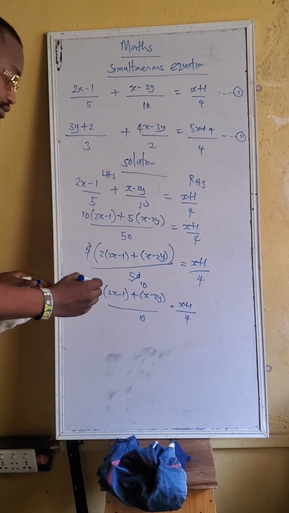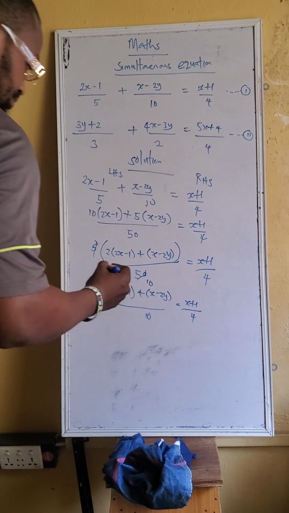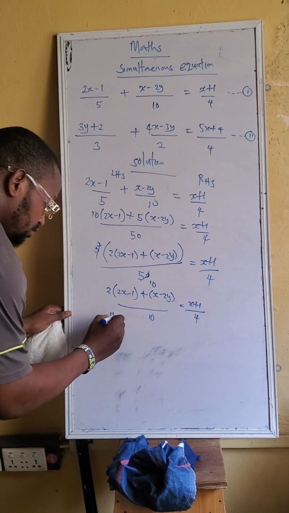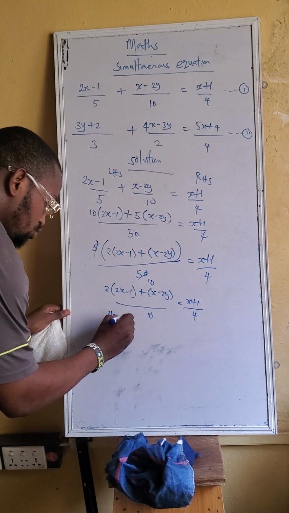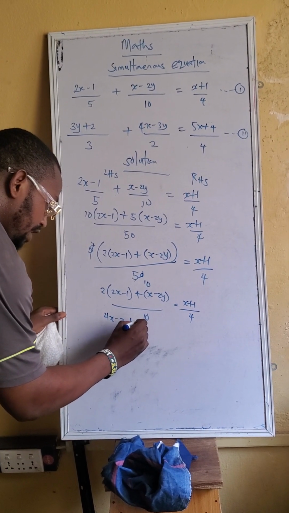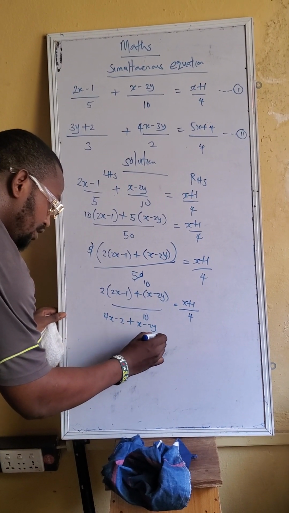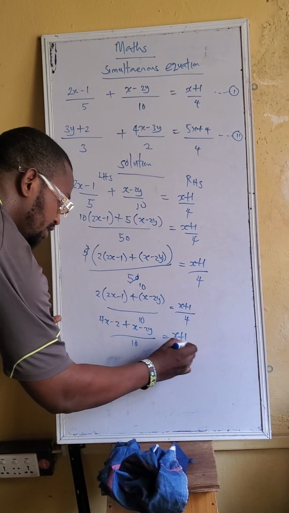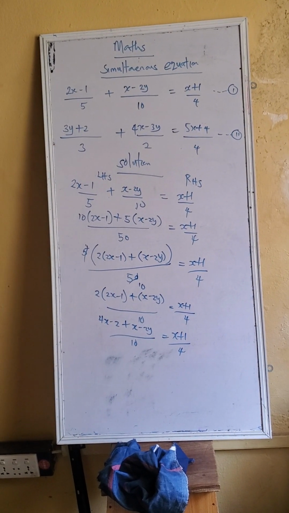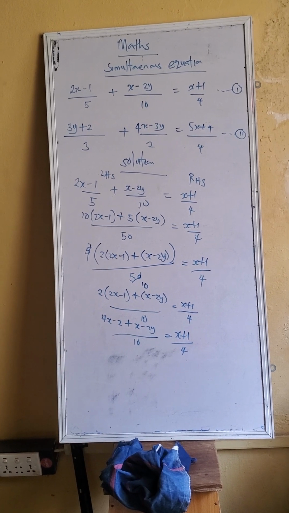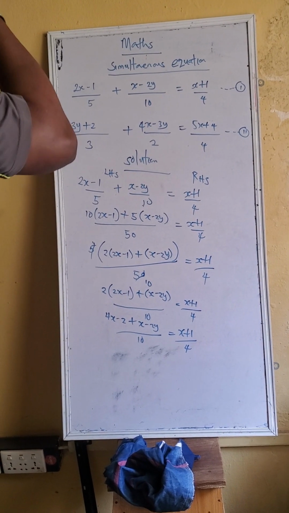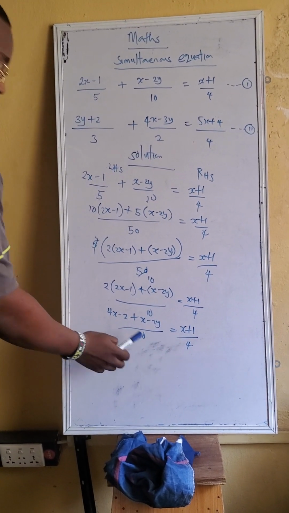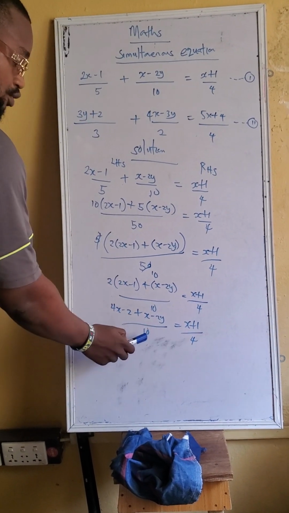Now we can say 4x minus 2 plus x minus 2y over 10 equals what? x plus 1 divided by 4. Now mathematicians will agree with me that we can divide this and this, because there's something that can go in this and this.